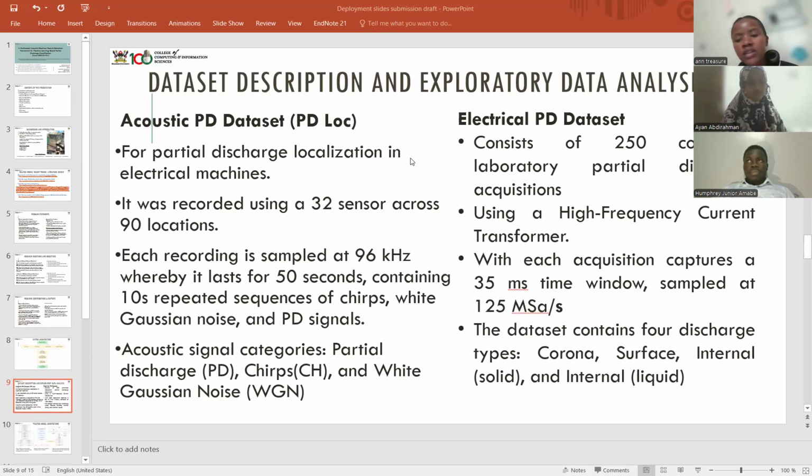The electrical data set contained 250 controlled laboratory partial discharge acquisitions. These were recorded using a high-frequency carrier transformer and equipment that is used to detect partial discharge using the electric signals. Each acquisition was captured across a 35 millisecond time window and sampled at 125.